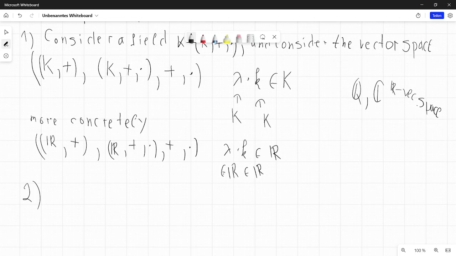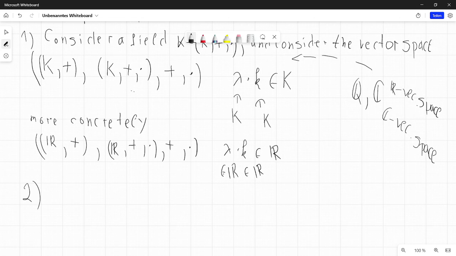It's not exactly the same as here, but it is similar. You can think about how it is similar. And it is also, of course, a C vector space, exactly by the idea here. Okay.